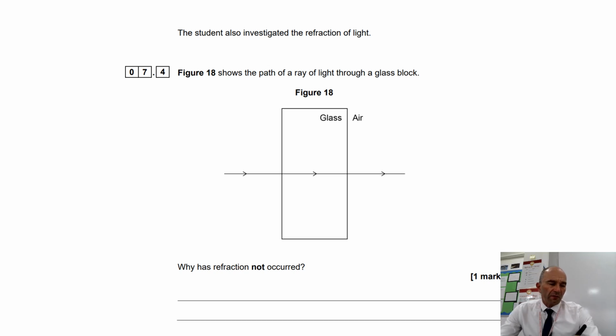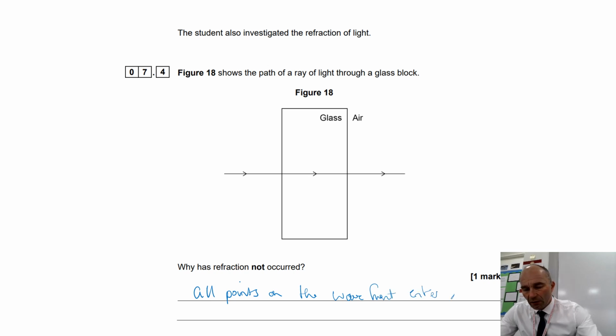Well, in this case, all the points on the wavefront enter the glass at the same time, which means that all of the wavefront is going to slow down at the same time. Therefore, you're not going to get any turning in the ray of light.